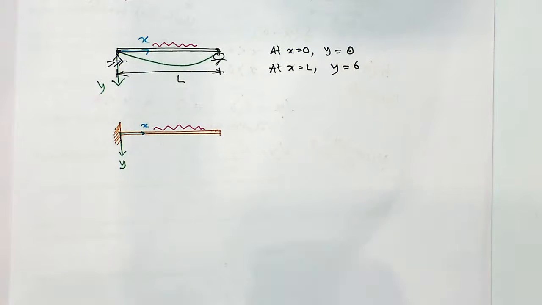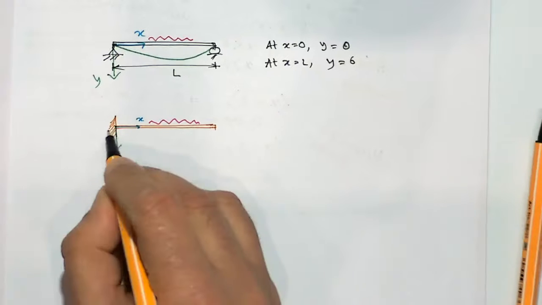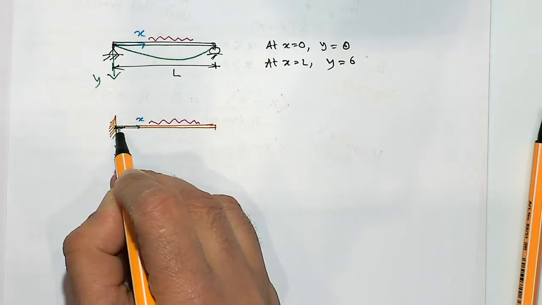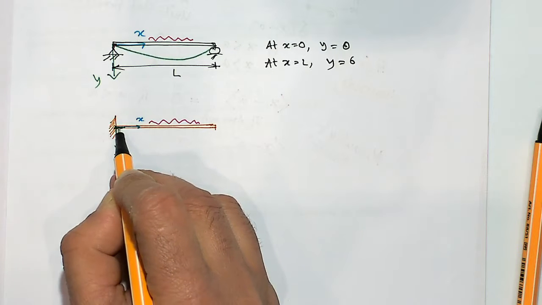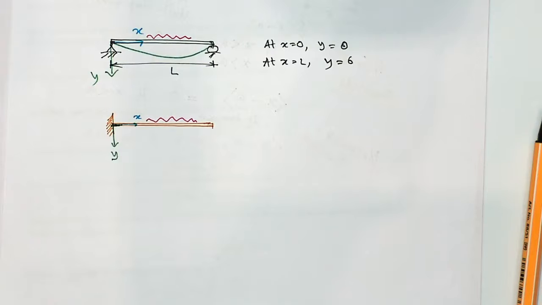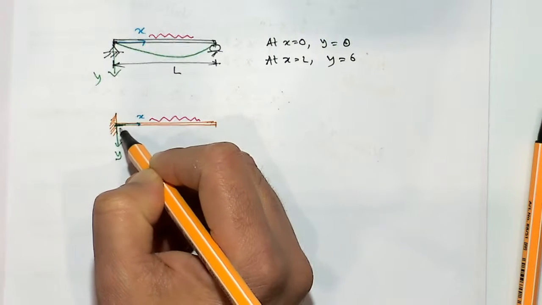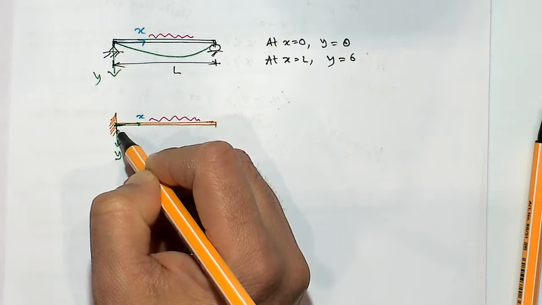So how will this deflect? This is a fixed point, so that means the slope here is 0. Because the fixed condition means it will not allow it to rotate. So there would be a bending moment generated at this point as a result of it.